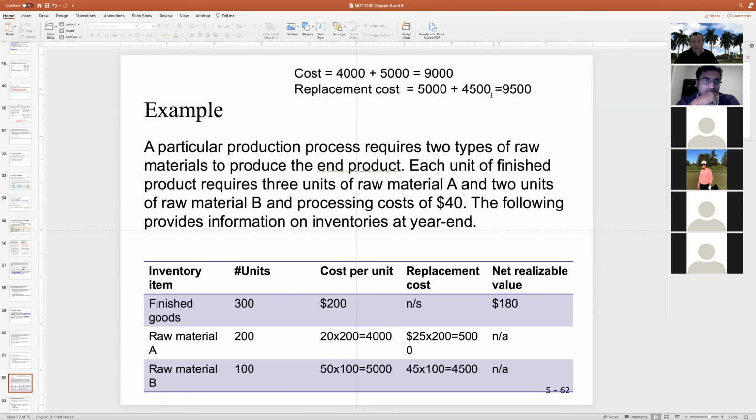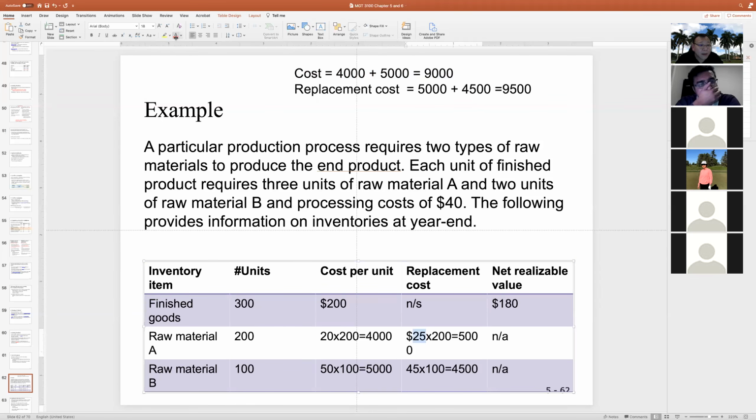Yes. So suppose we change this question a little bit. Let's change this number to 21. Suppose the replacement cost of raw material A is 21. Then this one is going to be 4,200.